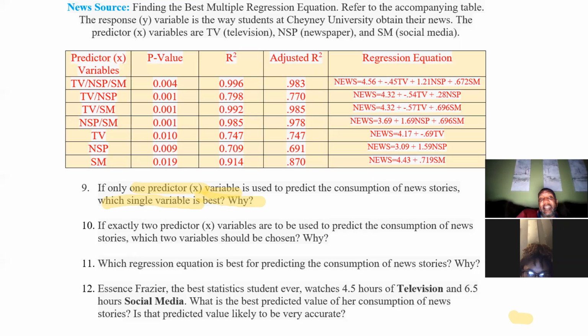Number 10, kind of the same function. If exactly two predictor variables are used to predict the consumption of news stories, which two variables should be chosen and why?